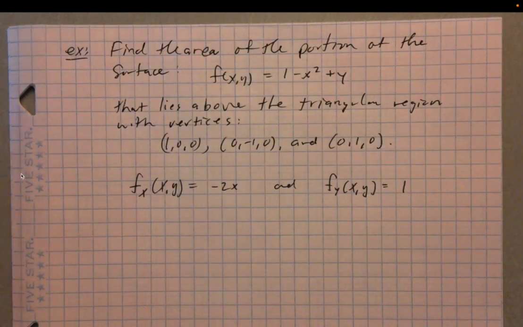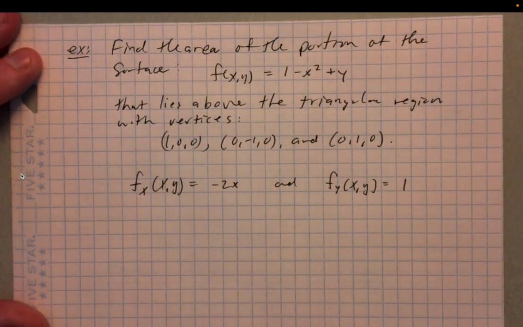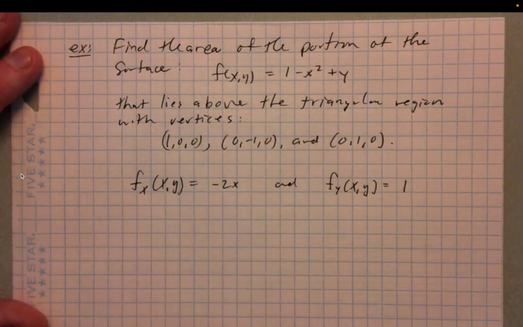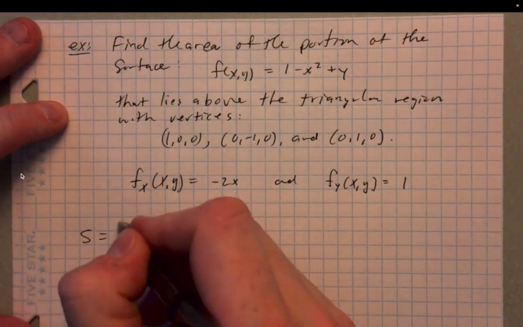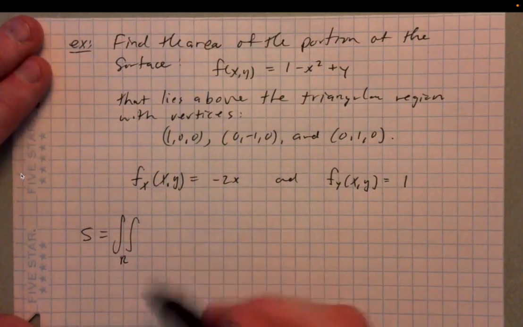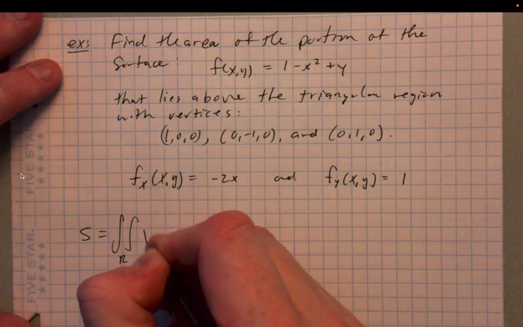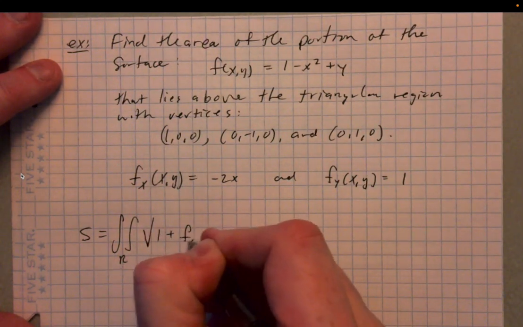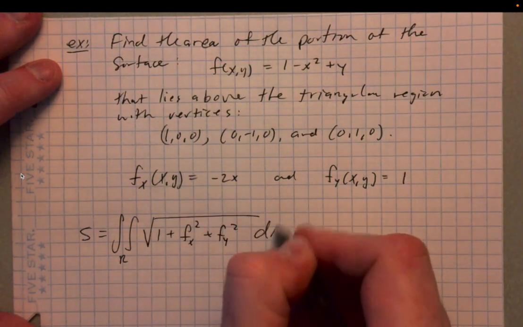Now let's plug these partials into the general formula for the surface area. That's a double integral over the region, and obviously we'll have to come back and draw a picture to figure out what the region looks like, but the formula we're interested in here is the square root of 1 plus f sub x squared plus f sub y squared, dA.